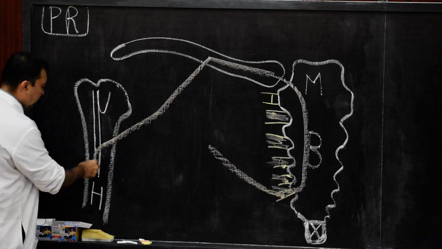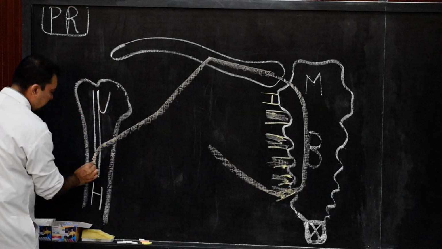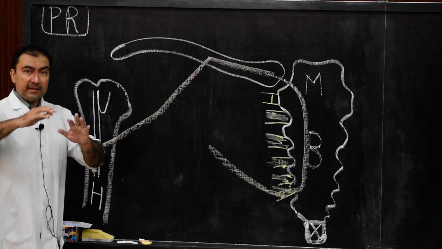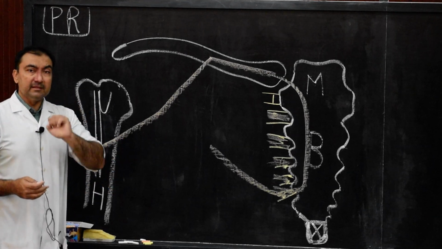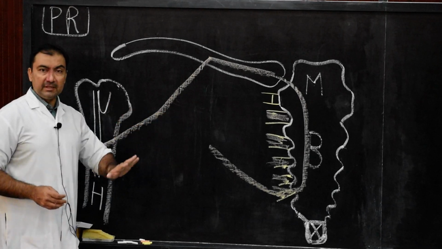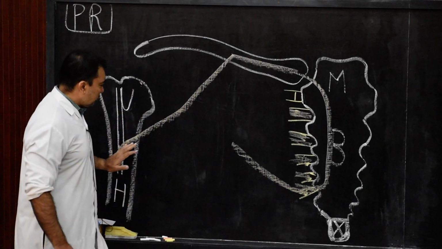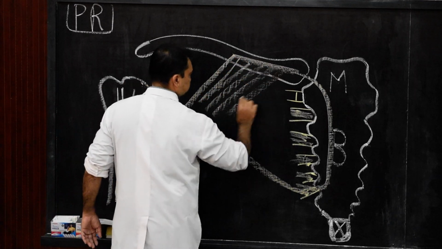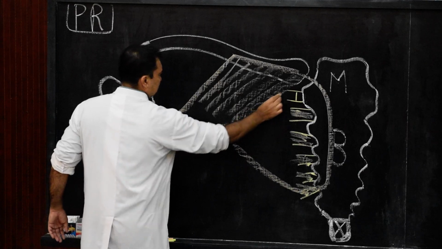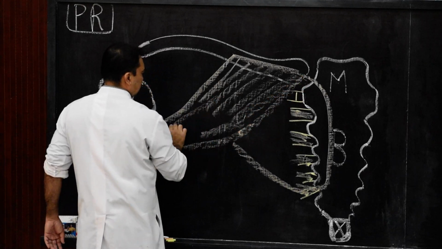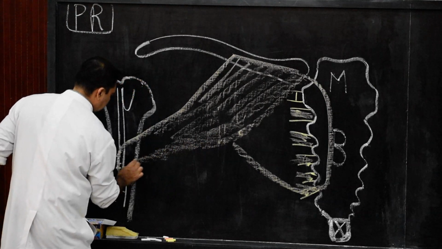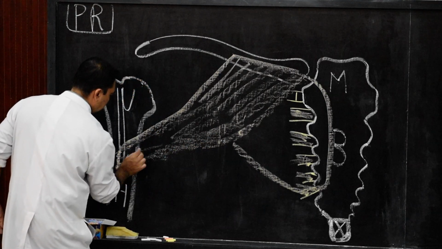So what I have drawn over here is the anterior lamina. This anterior lamina has fibers of 3 different layers, of course of pectoralis major only. The superficial fibers will come from the clavicle. They form the clavicular portion like this, and they will be inserted in the anterior lamina.